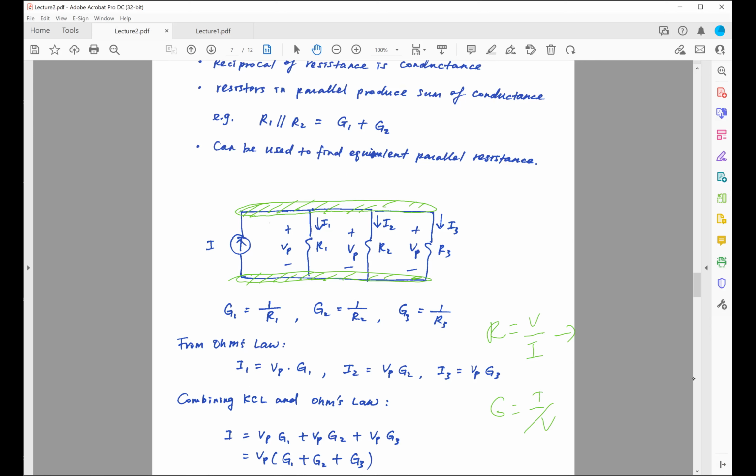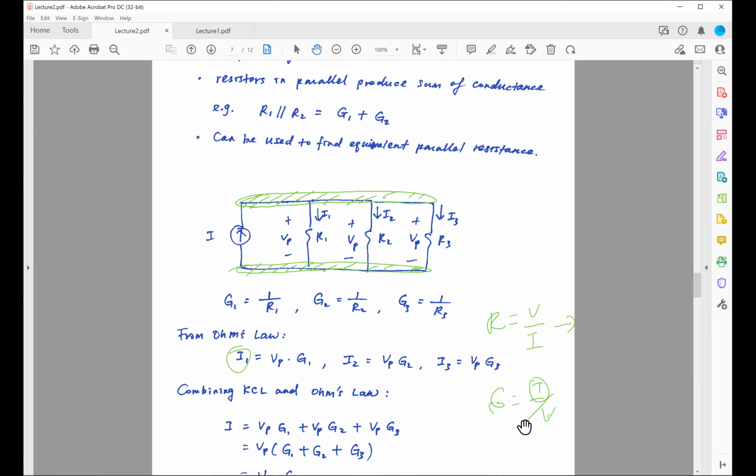R is the inverse of G, vice versa. So if I were to calculate I, then I know I is simply equal to V times G. So I1 is equal to Vp times G1, and I2 is Vp times G2, and I3 is Vp times G3.